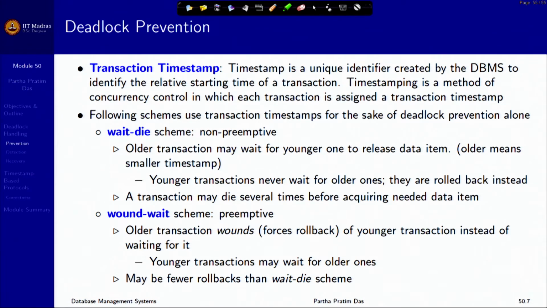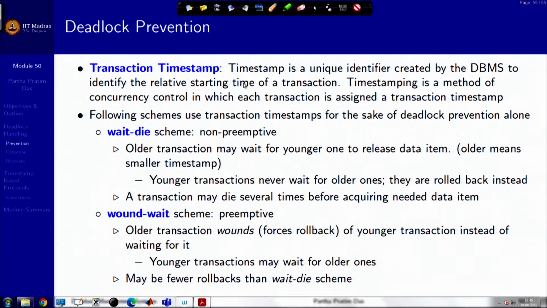Now, a pair of strategies for deadlock prevention which is very effective is based on timestamps. So, what is a timestamp? A timestamp is a unique identifier which is created by the database to identify the relative starting time of a transaction.